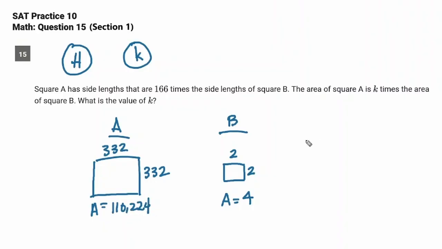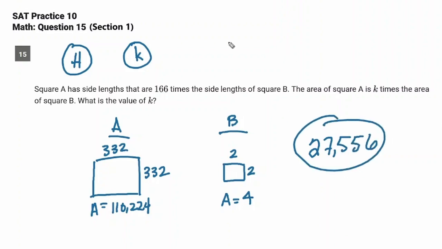Alright, square A is how many times the area of square B? That's what k is. You could set up an equation here, but all you got to do is divide 110,224 by 4. When you do that, you're going to get the answer, 27,556. And that's it. This is an easy problem if you plug in, and it doesn't take any time at all. Get it right and move on.